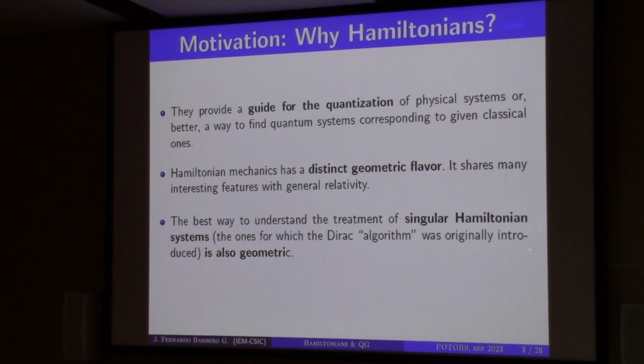In the case of singular Hamiltonian systems, which is the main subject of my talk, if you use, as I said, a geometric perspective, then things can be understood much, much better than if you use Dirac's algorithm. If you go to the book of Dirac, where he explains his method, the language that he uses there is purely mechanical.